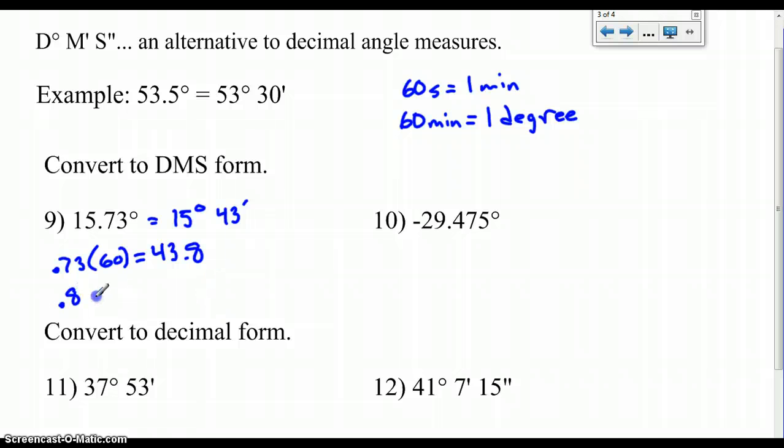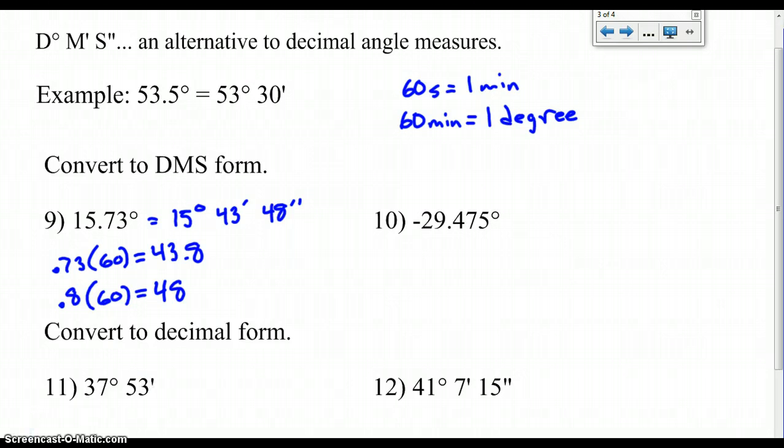The 0.8, if I multiply that by 60, that's going to give me the number of seconds. So 15.73 degrees is the same as 15 degrees, 43 minutes, and 48 seconds.